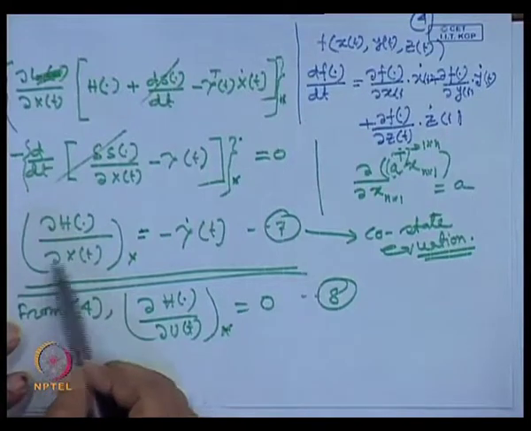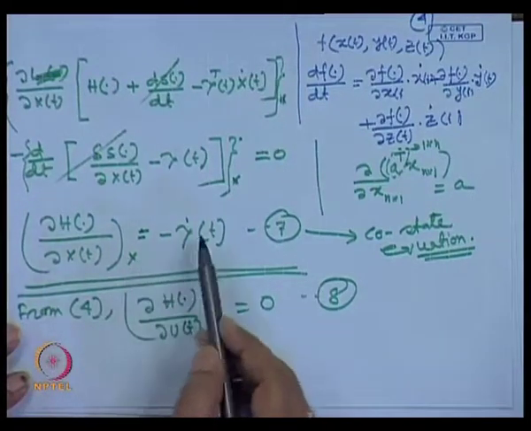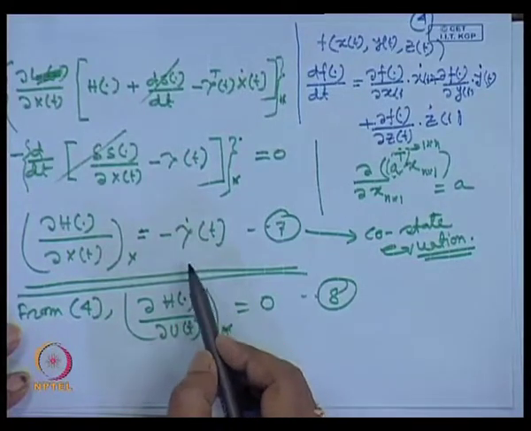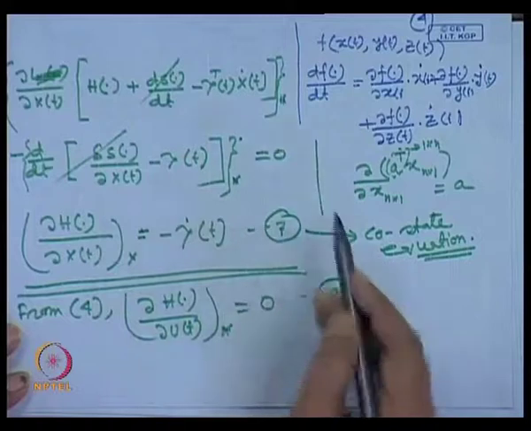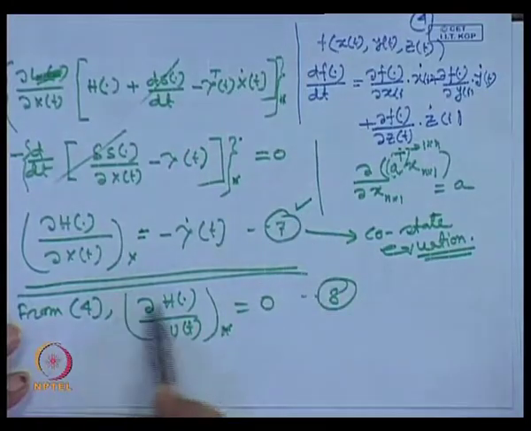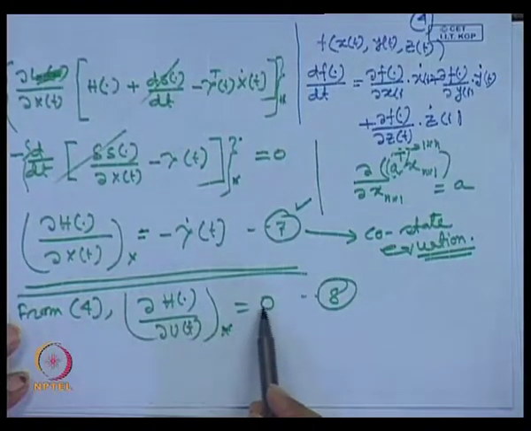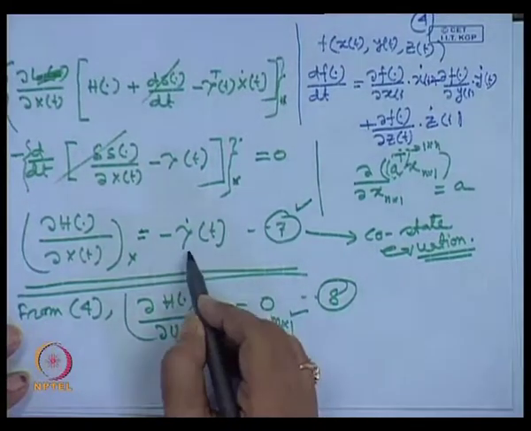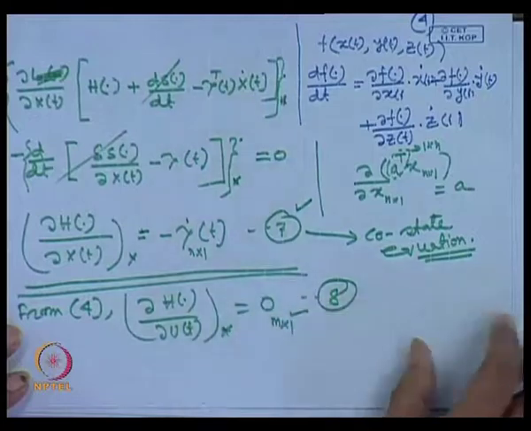Then del H del x star is equal to minus lambda dot of t, and del H del u star is equal to 0, another expression. This dimension is m cross 1, this dimension is n cross 1.